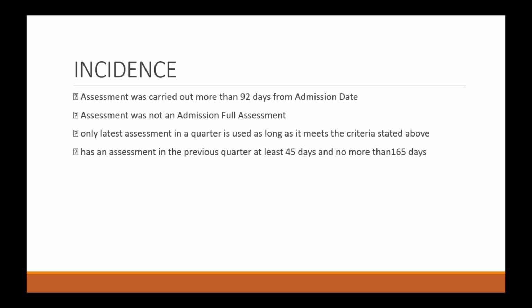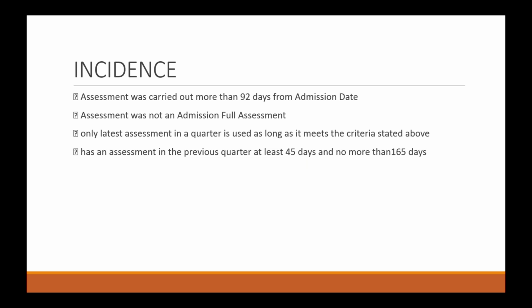Now, on the incident indicators, where there is a look-back assessment, once again, the first 3 criteria apply, just like it did for the prevalence indicators, but there's one more criteria. That assessment in the previous quarter has to be at least 45 days ago. So it cannot be less than 45 days between assessments.